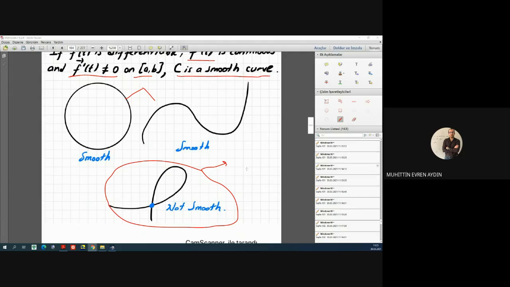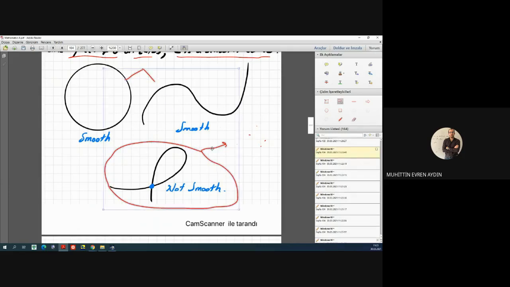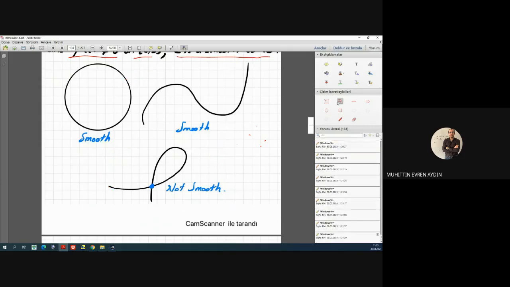Yes, the correct word, one-to-one. Let's properly write. Such a curve may be smooth.